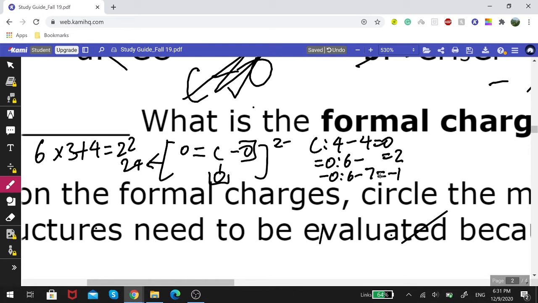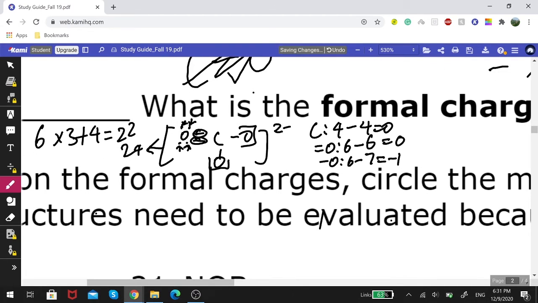Each of these lines is actually 2. So technically, if it's not a bond, it has to be counted as 2, which is why this has to be 6, which turns this into 0. Again, each of these counts as 1: 3, 4, 5, 6.